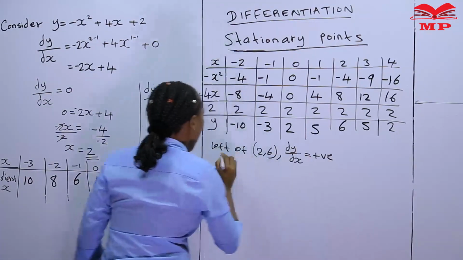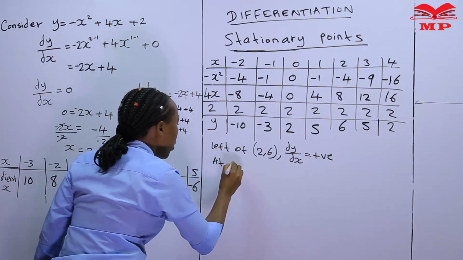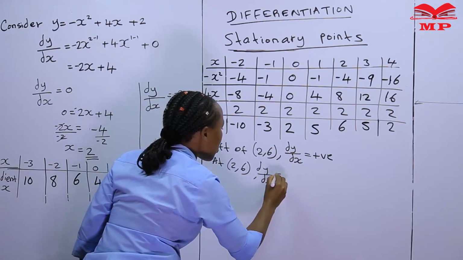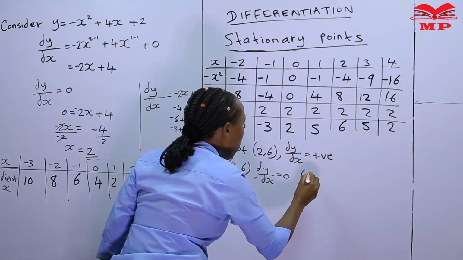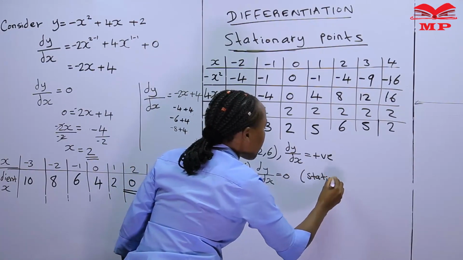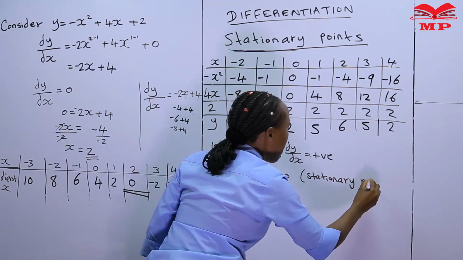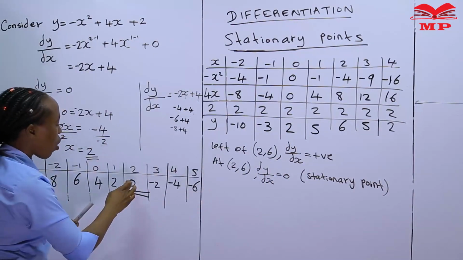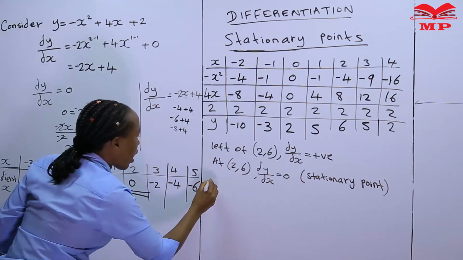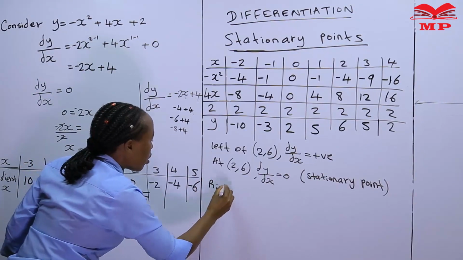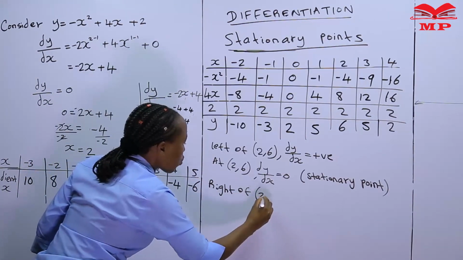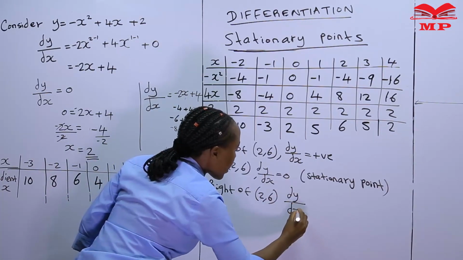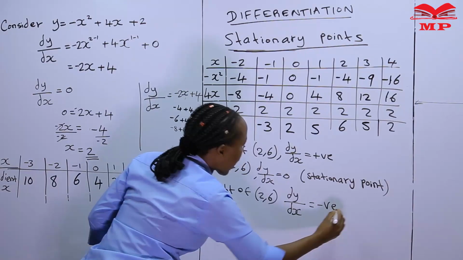Then at the point (2, 6), dy/dx is equal to 0, which is our stationary point. And finally, on the right of the point (2, 6), we have dy/dx which is negative.